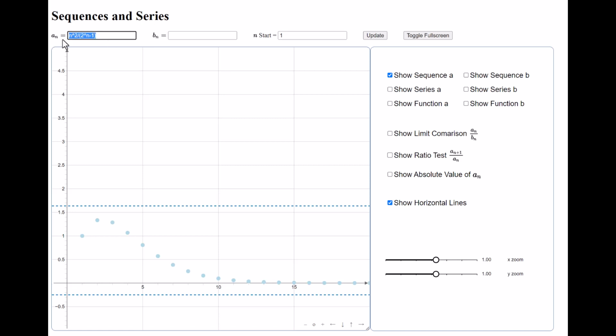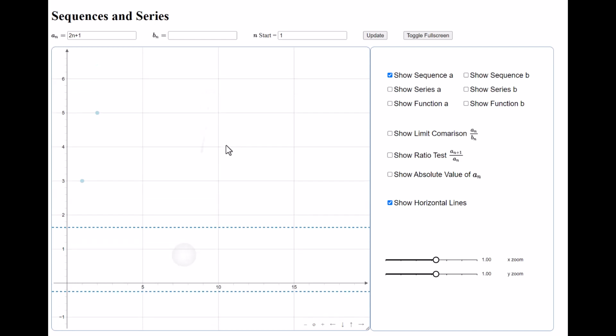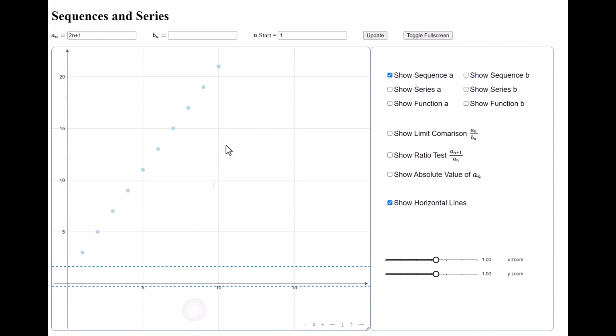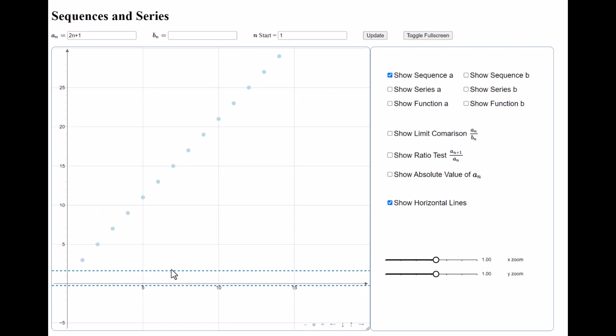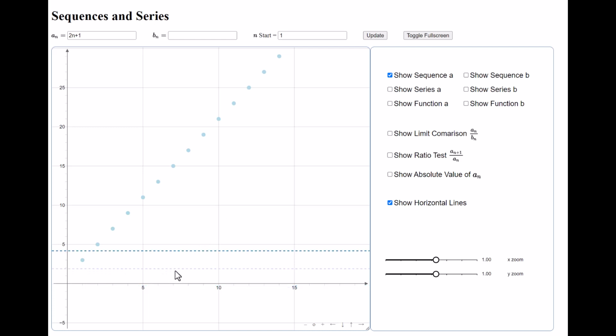So unlike the sequence 2n plus 1, which was our linear sequence, I guess I'll have to change my scale here to see it. This, even though the sequence is bounded below, so there's no values less than, looks like 3, y equals 3, so it's bounded below, it's not bounded above.